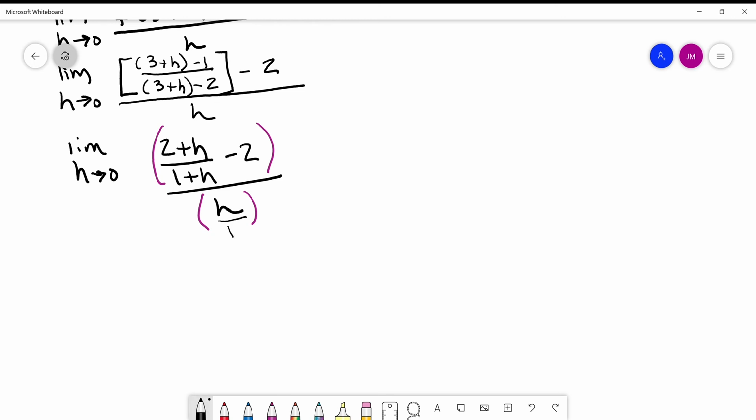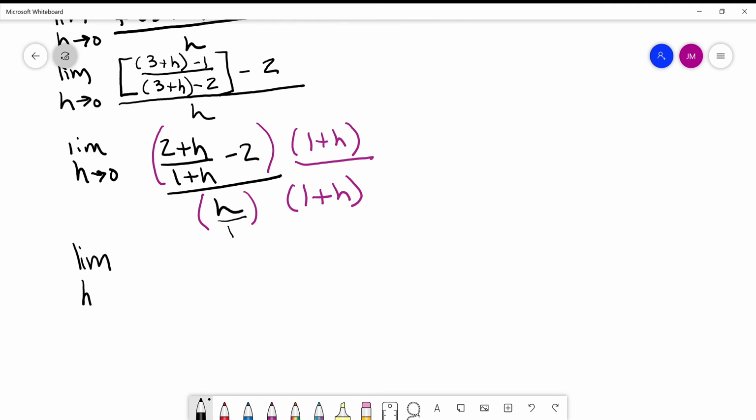And that denominator is a little fraction of h over 1. So what am I going to multiply by? My common denominator would be 1 plus h. And as long as I multiply top and bottom by the same expression, those are equivalent to 1. And that's a legal move in math, so we're allowed to do it.